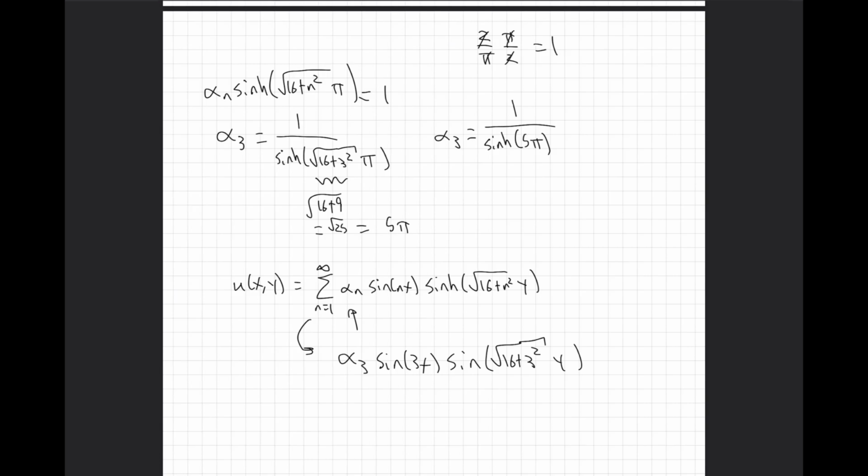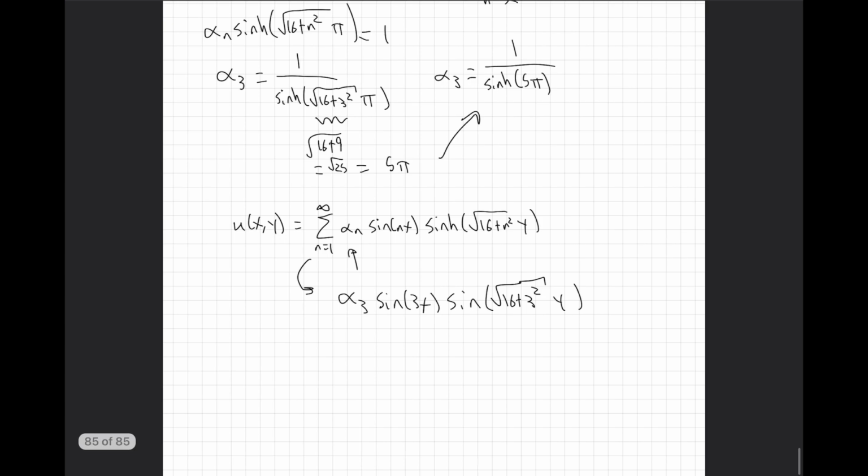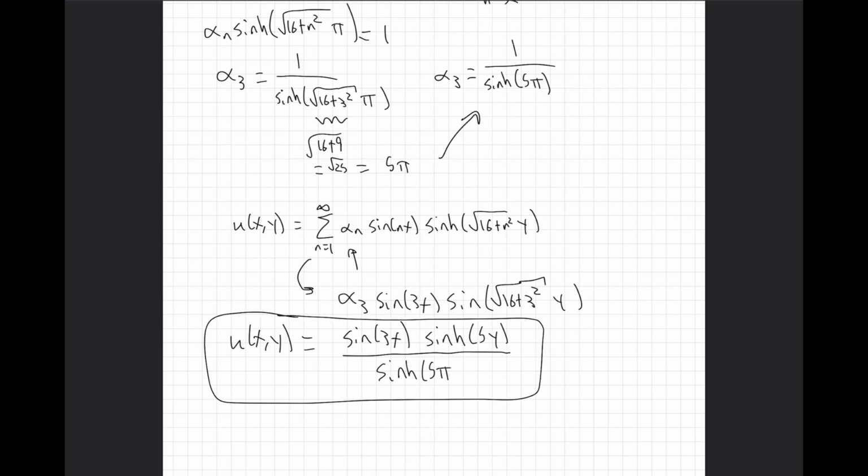And alpha_3 we just solved for to be right here. And so u of x and y is equal to sine of 3x times hyperbolic sine of 5y over hyperbolic sine of 5 pi. And that's the final solution to this PDE.